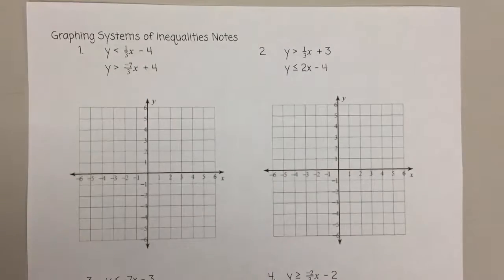And before we were looking at finding the point of intersection between the two lines. This will be a little more exciting because it's not just a point now, but there will be shading that is the answer to this system of inequalities. These are fun, but you have to take your time and pay attention.